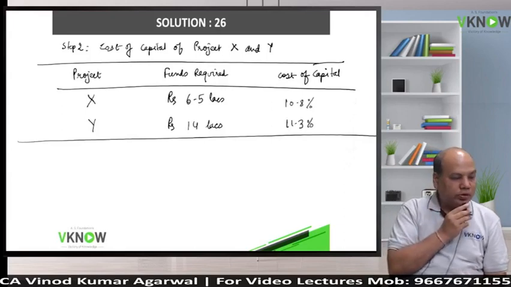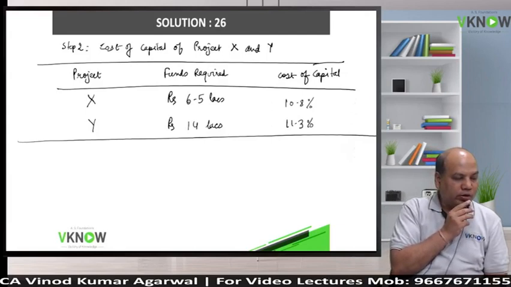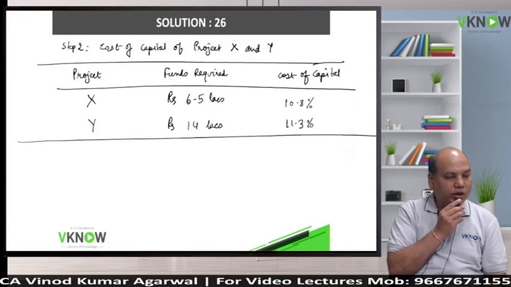Now the last question is, if the project is expected to give after tax return of 10%, determine under what conditions it would be acceptable.